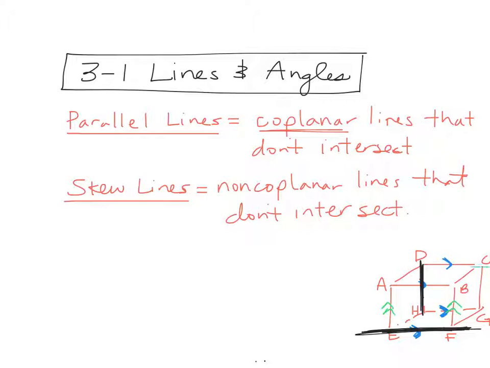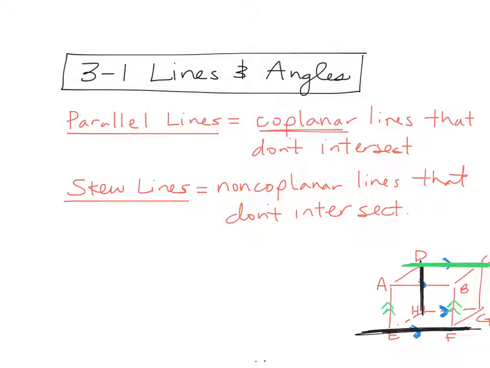Tell me, okay, so DC. What is skew to DC? Which ones are never going to touch it, but also are not parallel to it? There's 4 lines here. F what? But give me a line, not a point. F what? FE would be parallel to it, right?